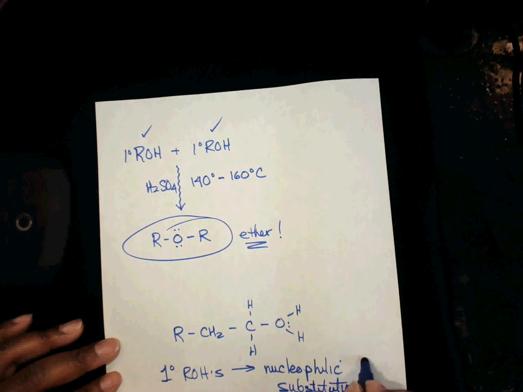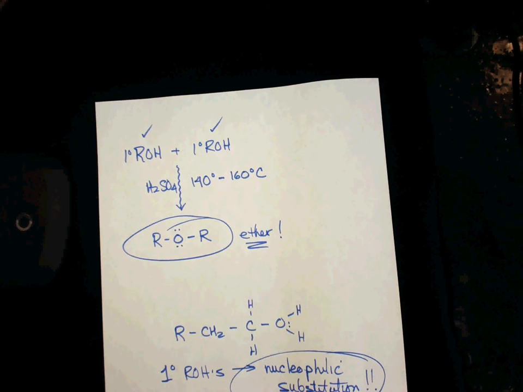Secondary and tertiary substrates tend to favor elimination type reactions. So again, in this particular case where we are talking about alcohols, the alcohols themselves have to be primary in order to form an ether.